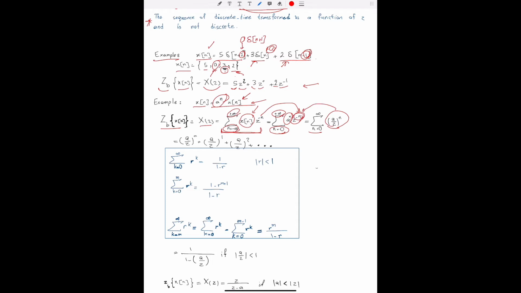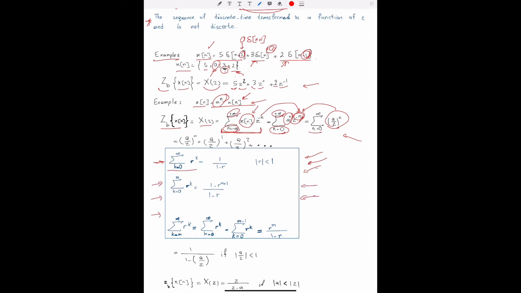Now, how do we find the sum of these signals? This is a geometric series, and you should kind of know how to solve these kinds of series and then find the answer. But for recalling, I've put in this box how to actually solve these.